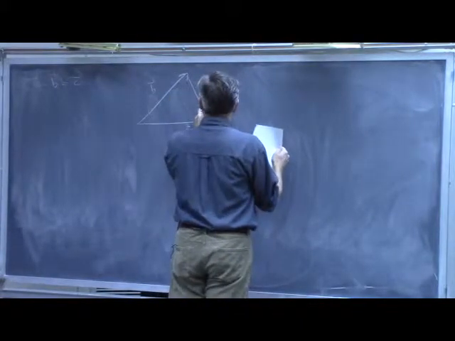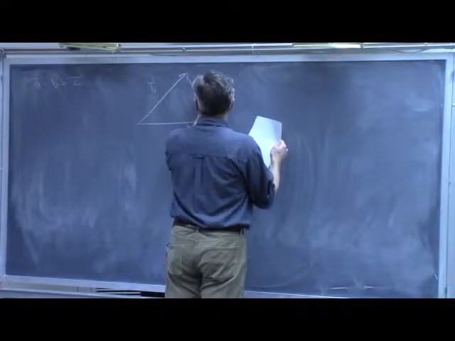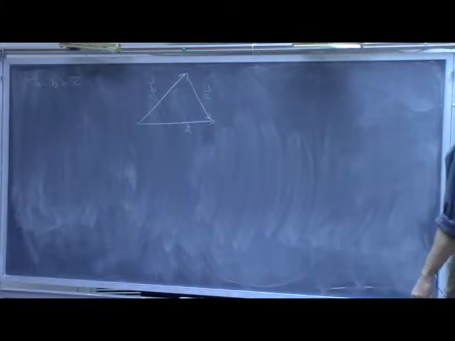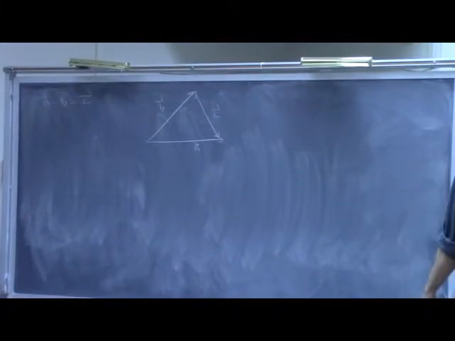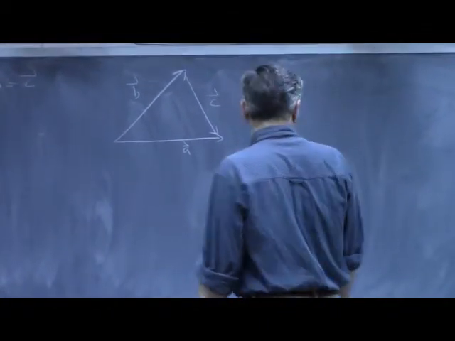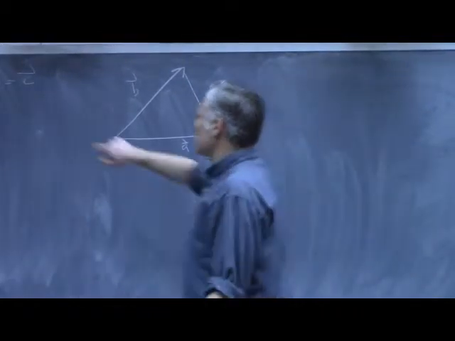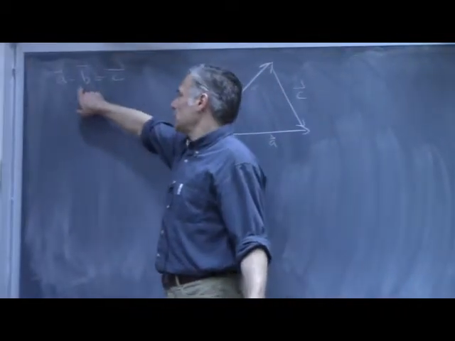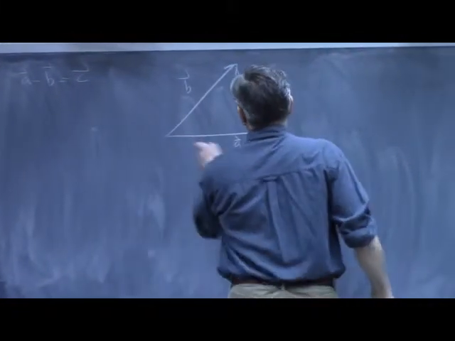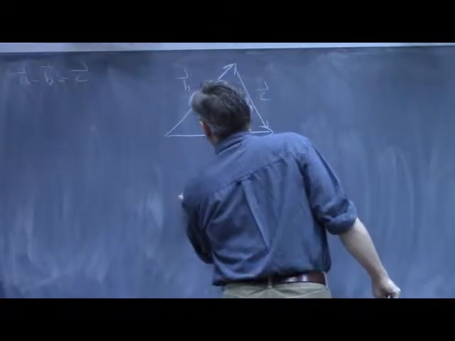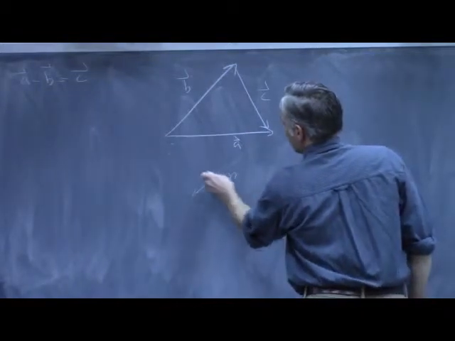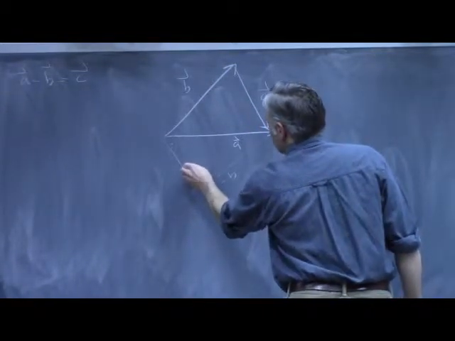And that vector is going to be C. Subtracting vectors, I have a hard time seeing that right away. I always need to take the vector b and make it into the opposite vector, minus b. So if I did a, and then here's minus b, a plus minus b is going to give me c.